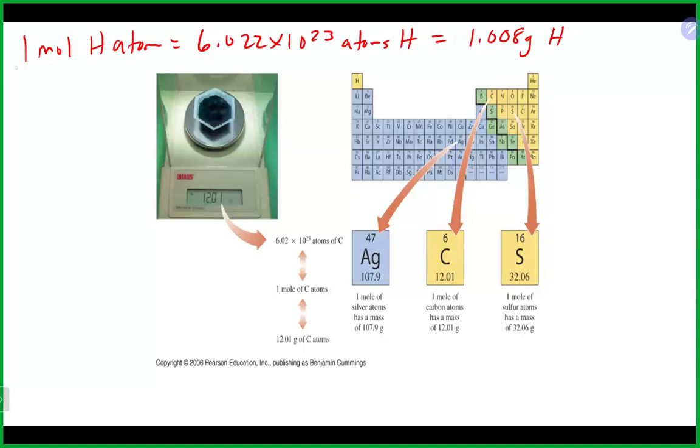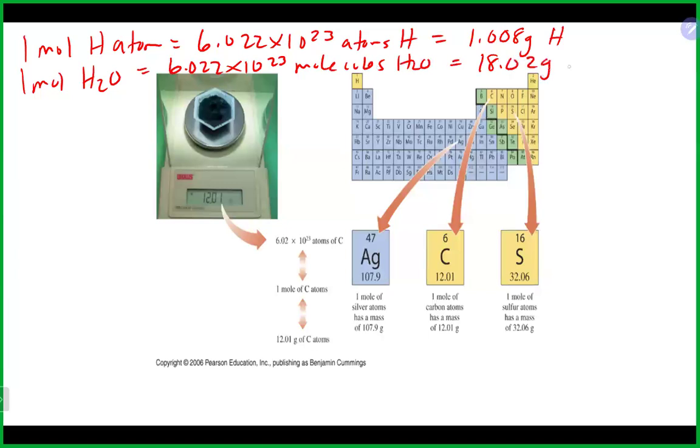Same thing if we had 1 mole of water, that would represent 6.022 times 10 to the 23 molecules of water. And as we just added up on the periodic table, that would represent 18.02 grams of water. So if you need to go all the way from, for example, atoms or molecules to grams, you need to use Avogadro's number and molar mass to do that.